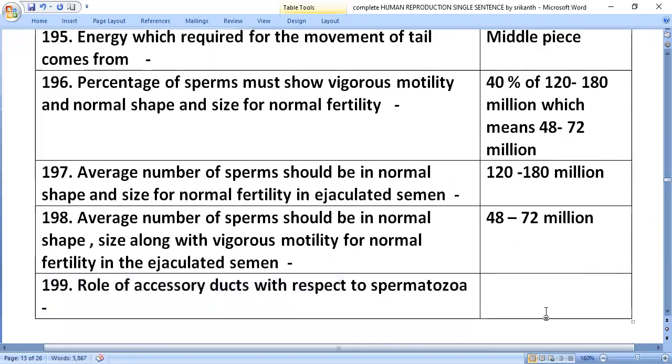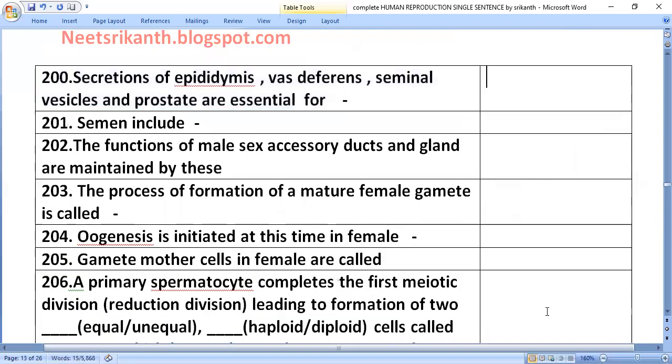Role of accessory ducts with respect to spermatozoa: transportation of sperms. Secretions of epididymis, vas deferens, seminal vesicle and prostate are essential for maturation and motility of sperms.